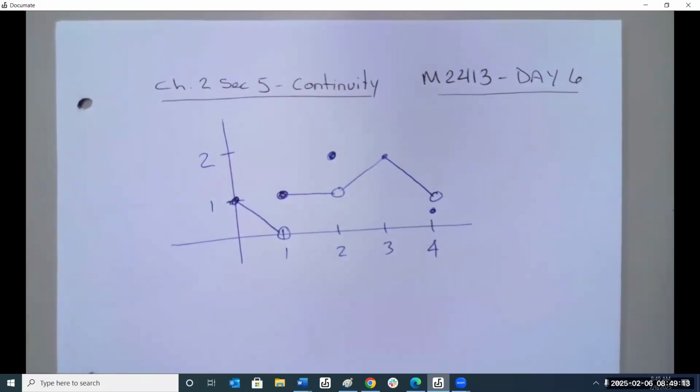If you can put your pen down on a piece of paper, follow the function, and never have to pick it up, that's continuous. That's how most students were taught to define continuity. A function is continuous.